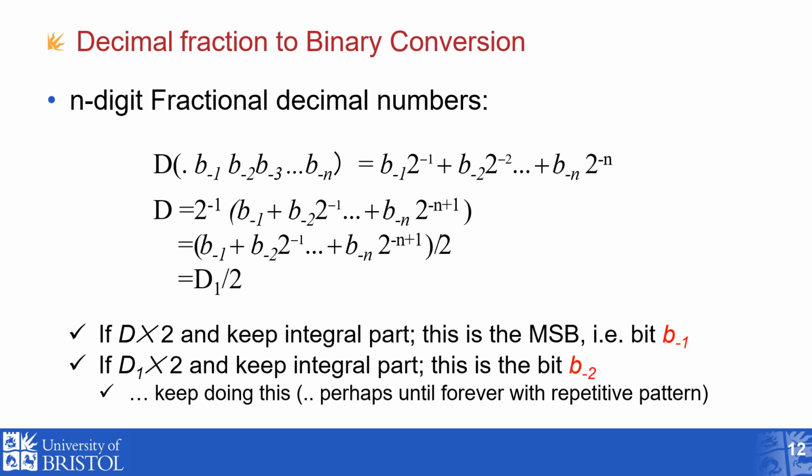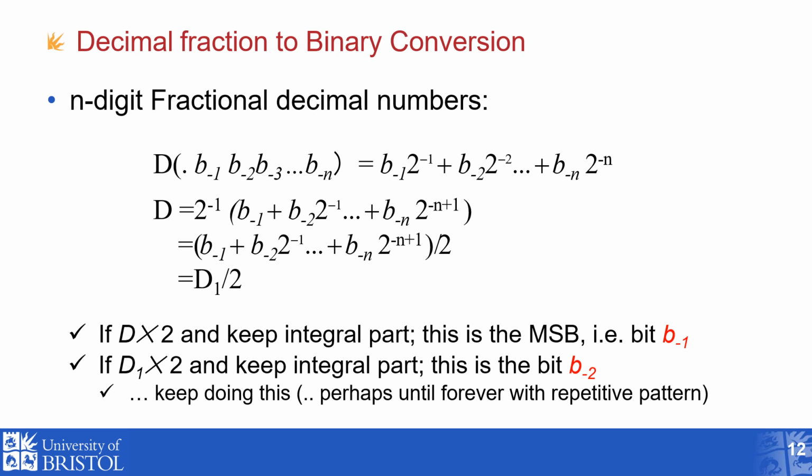So the reverse process, in order to convert a number from the decimal system to the binary system, unlike what we've seen before, is this time to start multiplying d by 2 every time. The first time you do that, you're going to keep the integral part, and this is going to be the most significant bit.